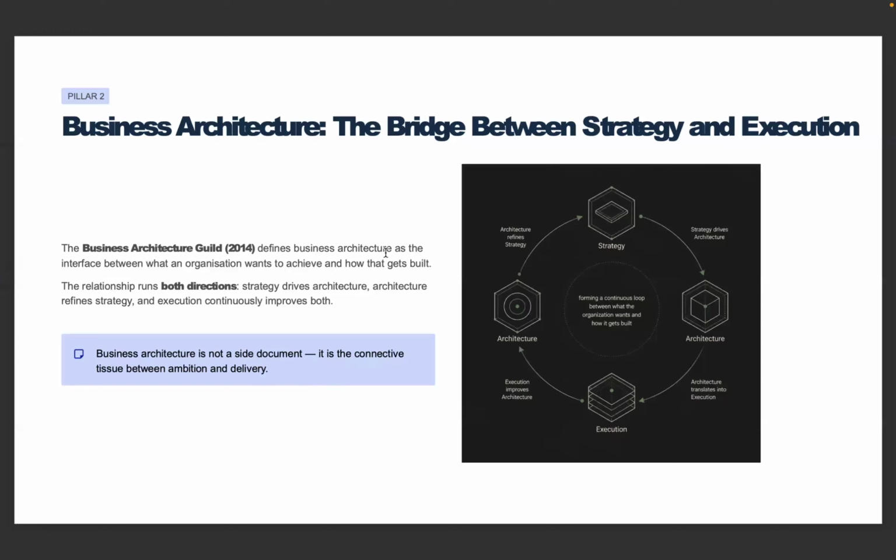The business architecture should help translate the goal into the required capabilities to achieve that, the processes, the customer's journey, and also the supporting systems that could help to achieve that goal.